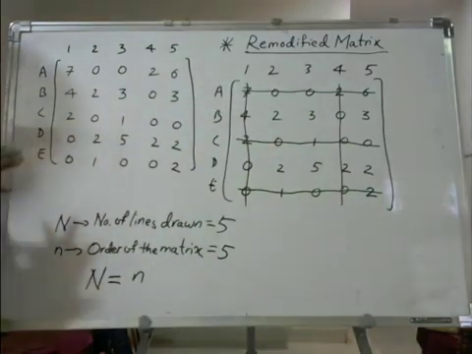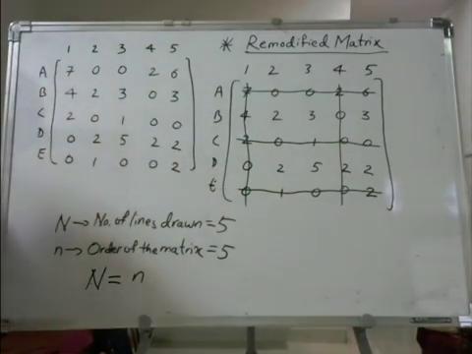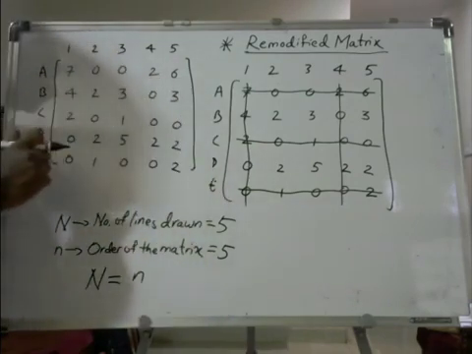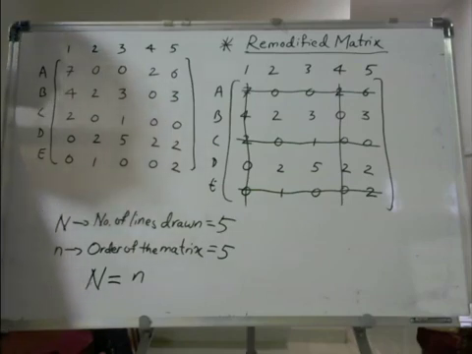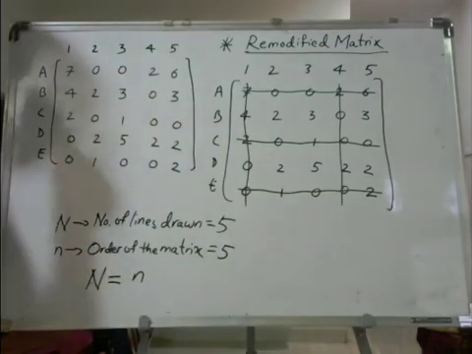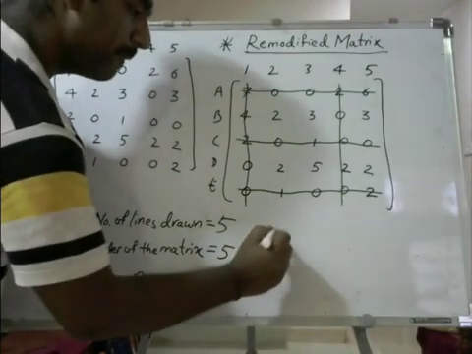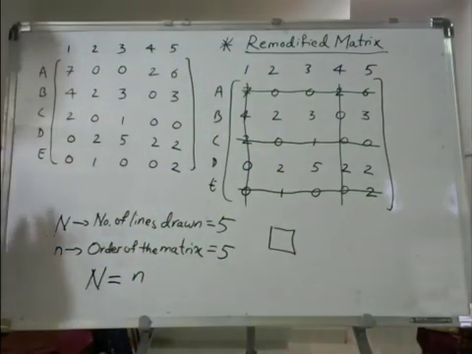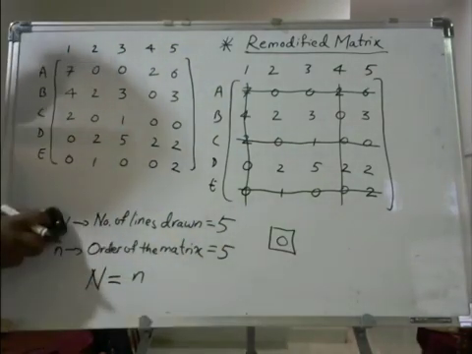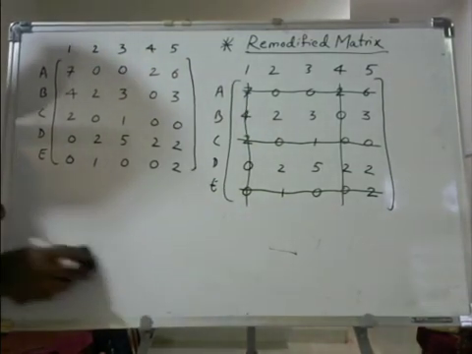So I've rewritten the same matrix here. Now, once I have the same matrix, I need to scan each row and column to check which row or column has a single zero. And wherever I get a single zero, I need to put a box sign for that zero. So I'll just take this off to free the space.